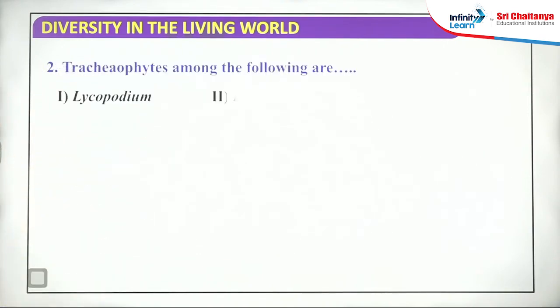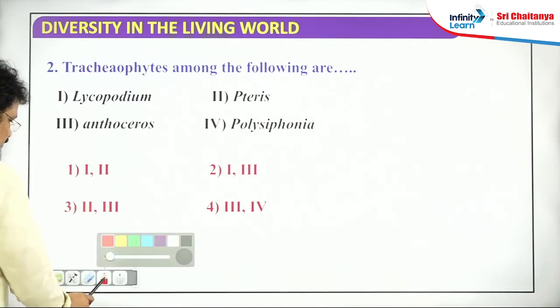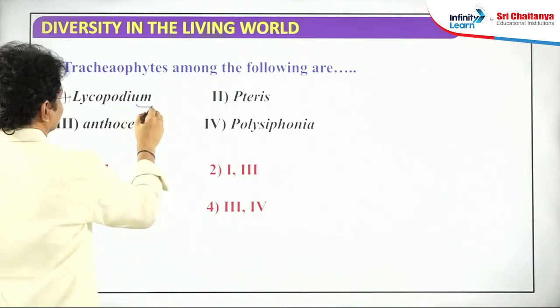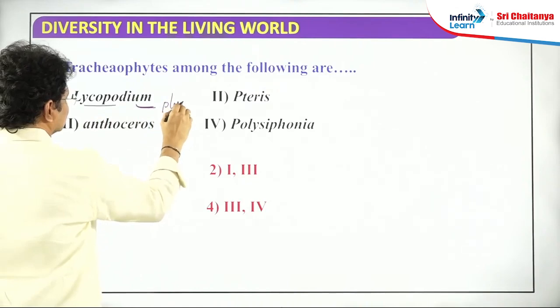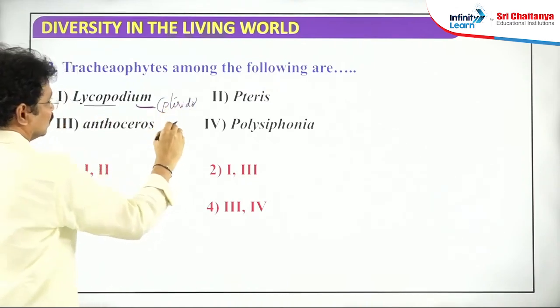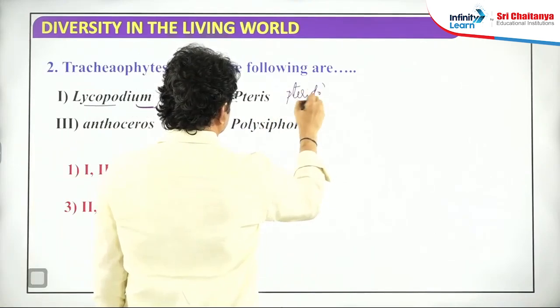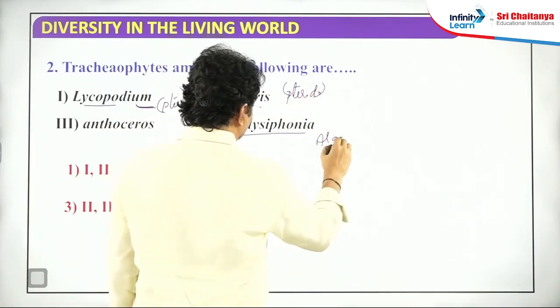One more question. Tracheophytes among the following are. To answer these questions, you should learn about the plant group of each example. Lycopodium belongs to pteridophytes. Pteris is also a member of pteridophytes. Polysiphonia is a member of algae.